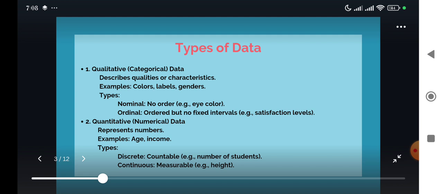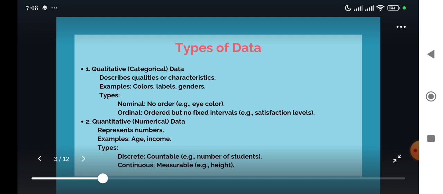Nominal data has no specific order. For example, eye color. It can be blue, or green, or brown. So there is no specific order. In the case of ordinal data, it has an order, but intervals between the ranks are not equal.